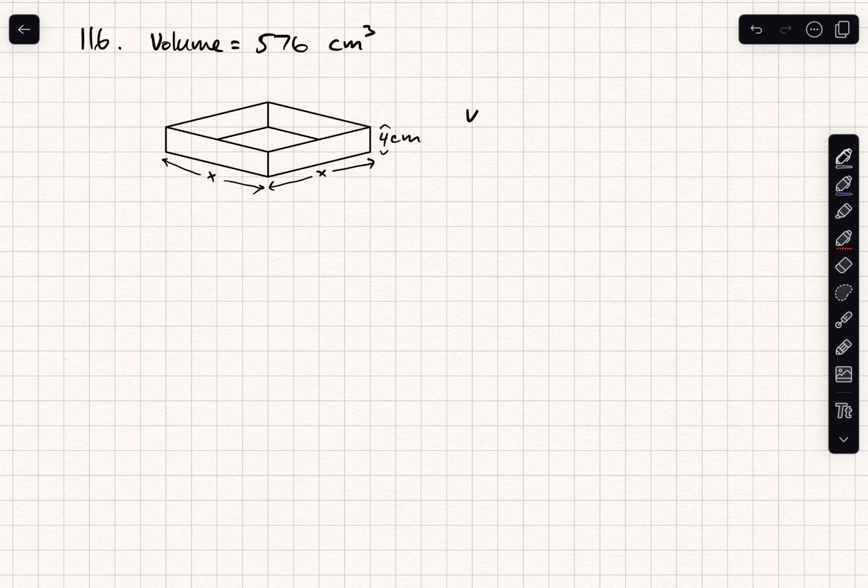So here for volume equals length times width times height. So that's length and width are both X and height is 4 centimeters. So that's 4x squared is my volume, and that's 576. So I'm going to calculate my value for x here. Then I'm going to use the rest of my diagram.